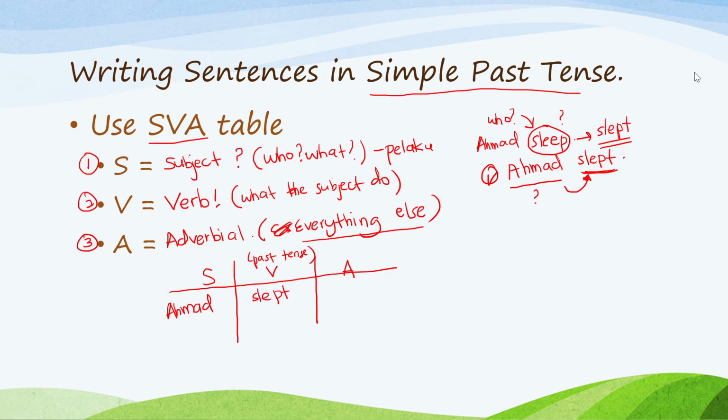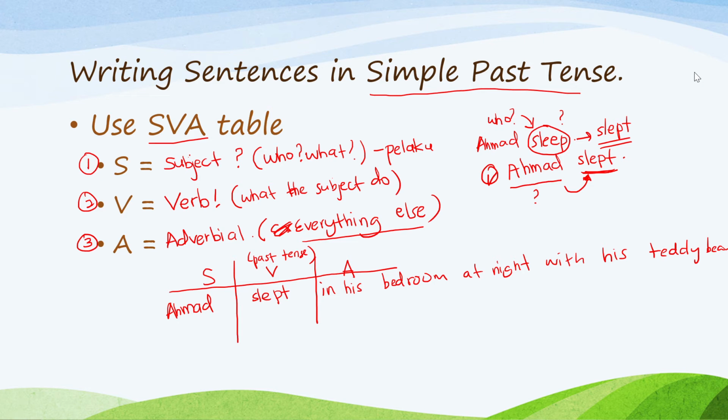Now, adverbial is everything except the subject and the verb, which means everything else. Ahmad slept in his bedroom at night with his teddy bear.